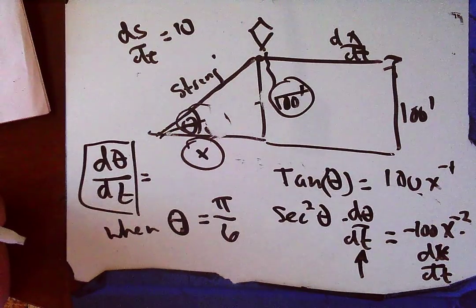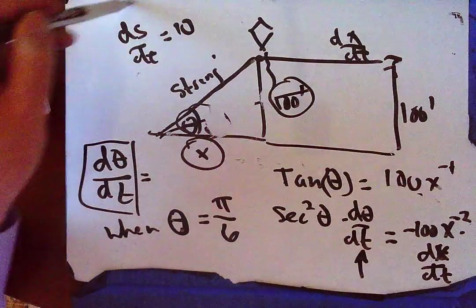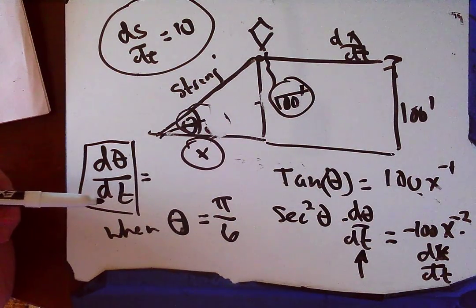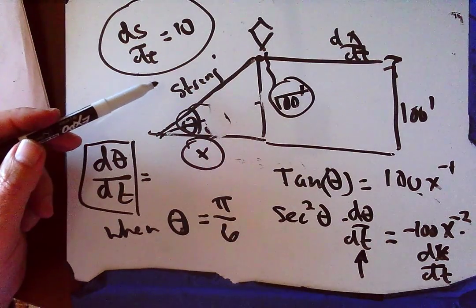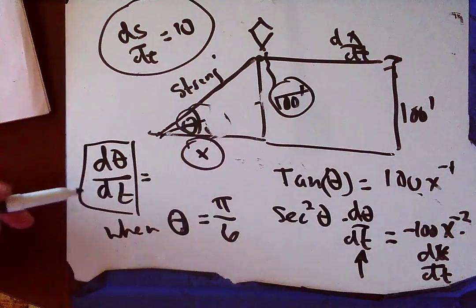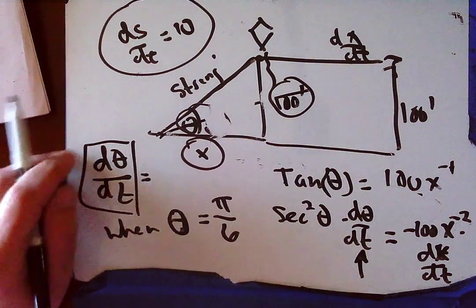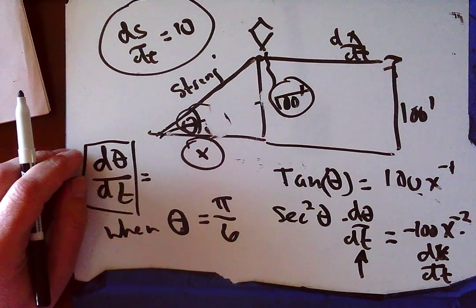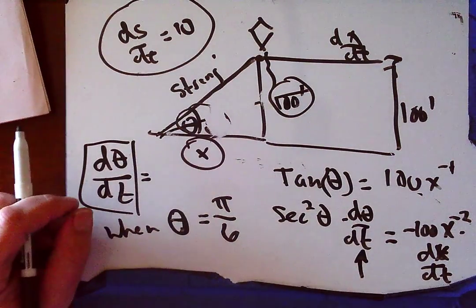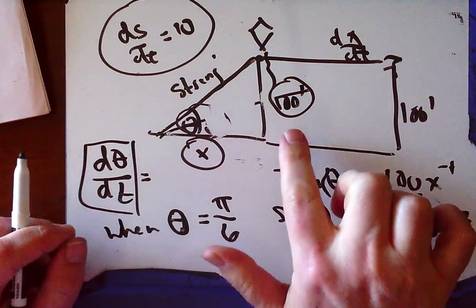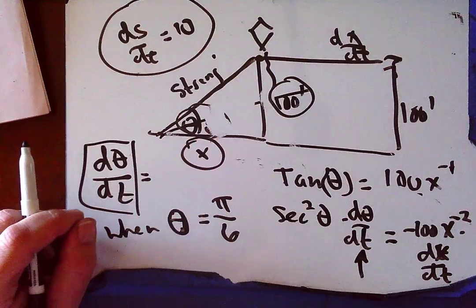Okay, now what do we know? We know that ds/dt is 10. Whoa, but 10, where does 10 go? Yeah, that's a thing, isn't it? There's no s here. Wow, maybe I didn't want to do tangent. I thought tangent was nifty, though, because I had this constant.